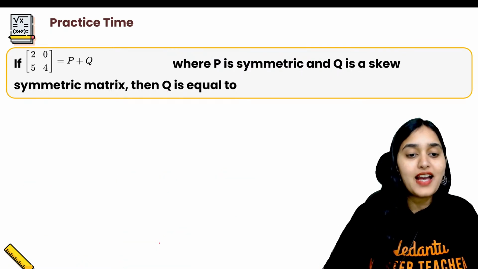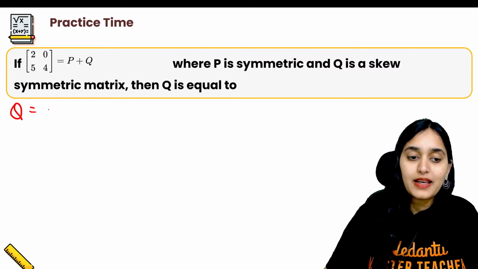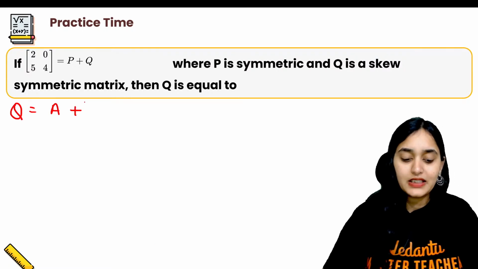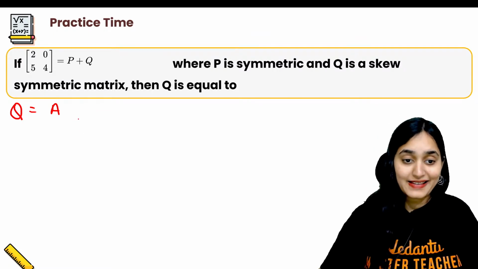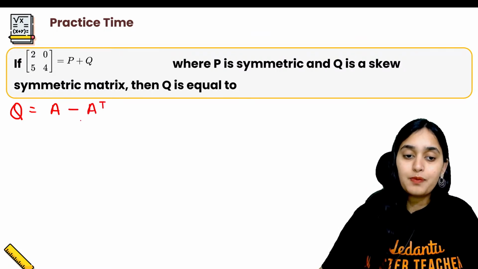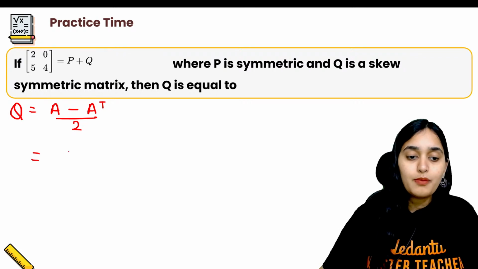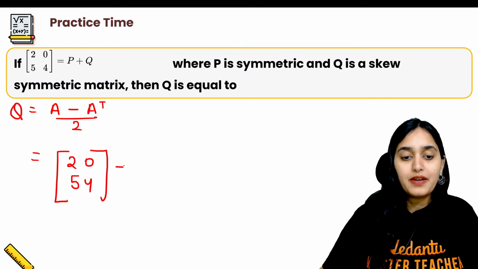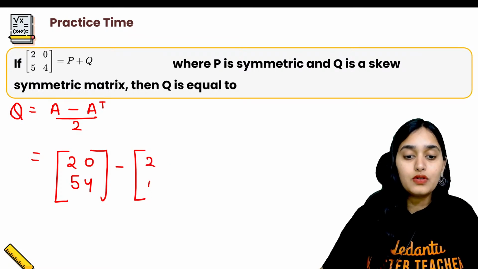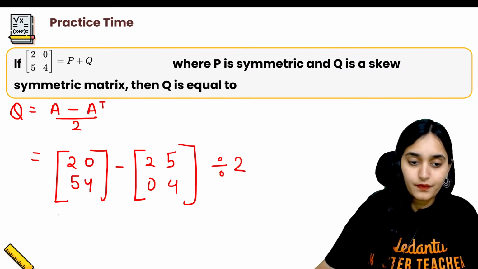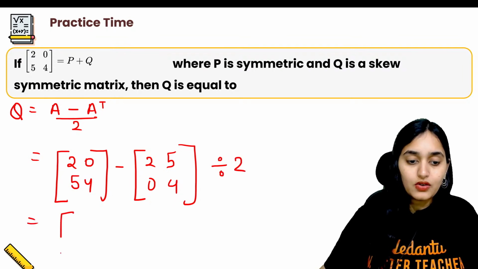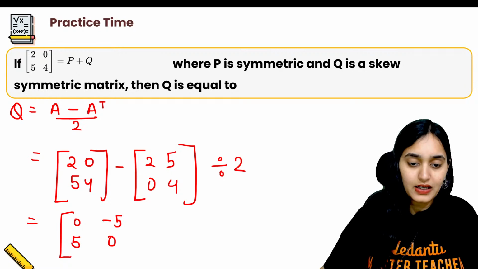So let's find out the value of Q. Q is basically matrix A minus A transpose divided by 2. So matrix A is 2, 0, 5, 4. Subtracting the transpose and dividing it by 2. So we have 2 minus 2, 0. 0 minus 5, minus 5. 5 minus 0, 5. 4 minus 4, 0.